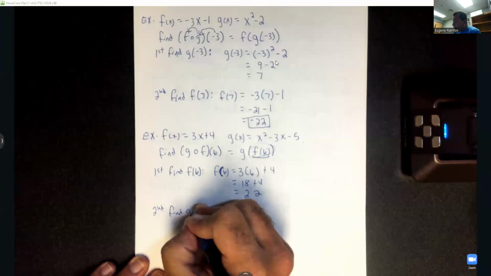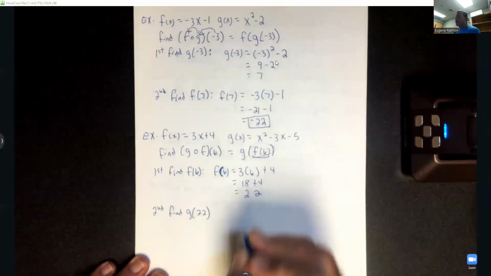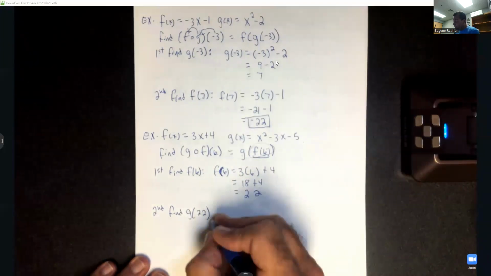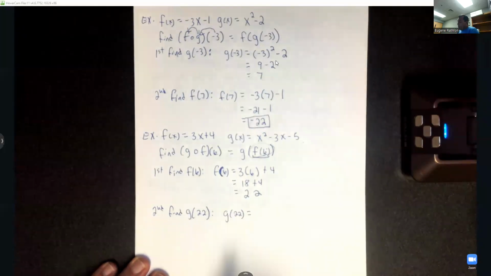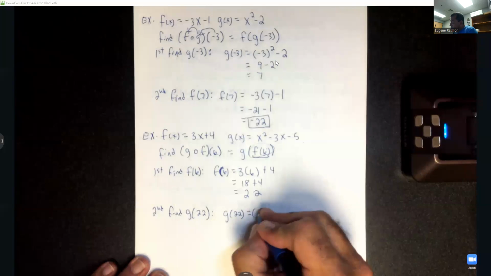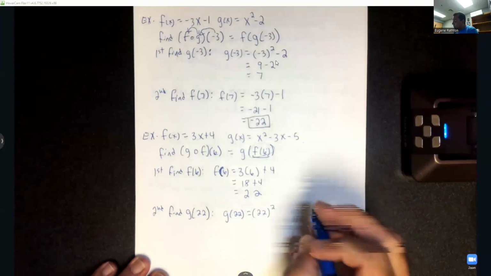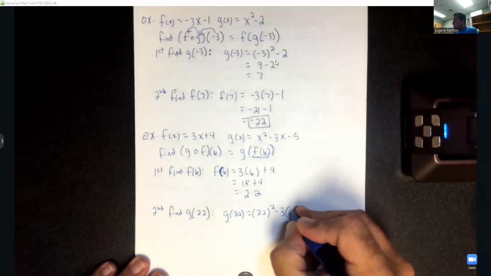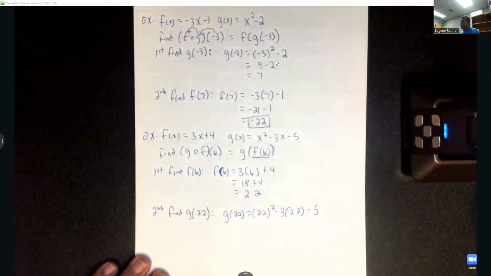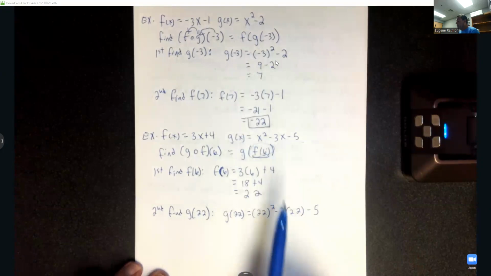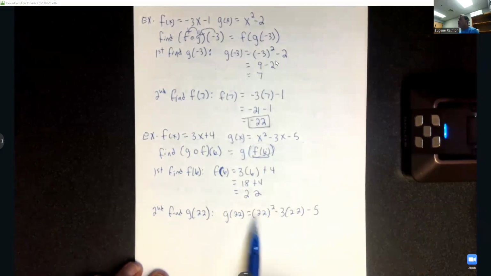So I'm going to be finding G of 22. Ooh, look at that. I got 22 squared minus 3 times 22 minus 5. So since G equation had 2 x's, I had to put that 22 in twice.